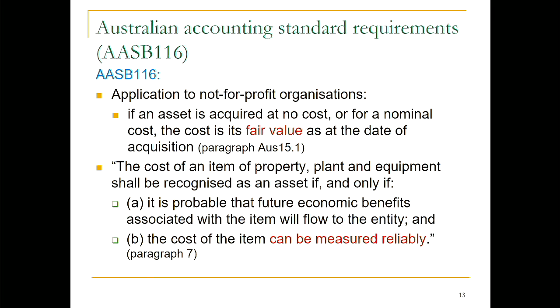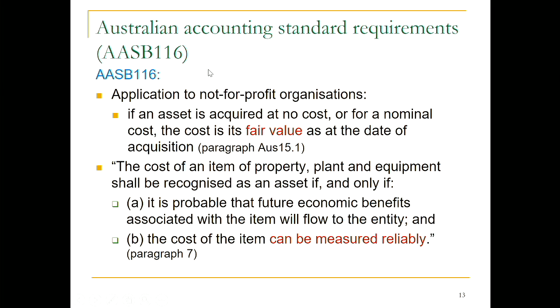Therefore, the public sector and these types of facilities also need to be accounted for in accordance with the accounting standards. One of the relevant accounting standards is AASB 116, Property, Plant and Equipment. Many of you might be familiar with this accounting standard if you have done corporate accounting.